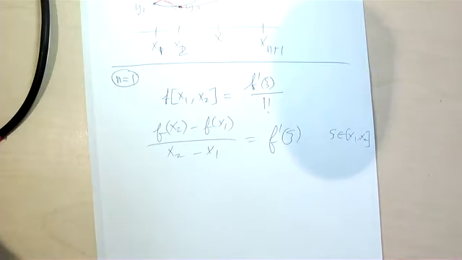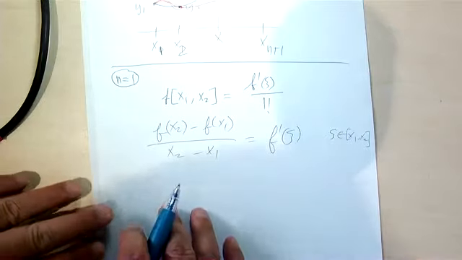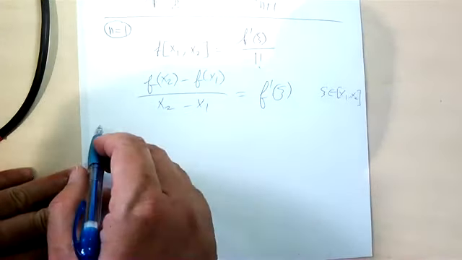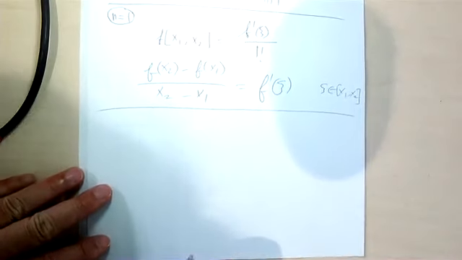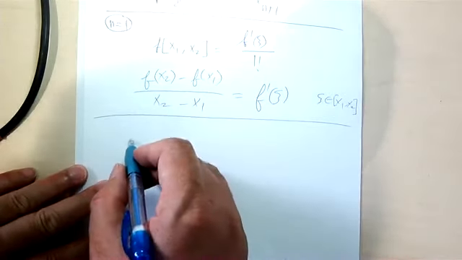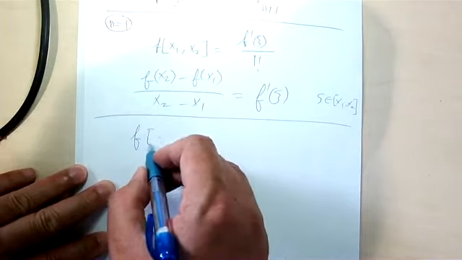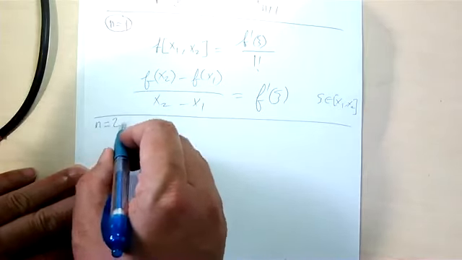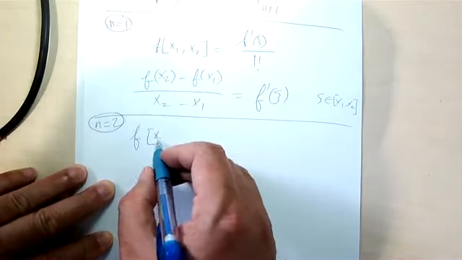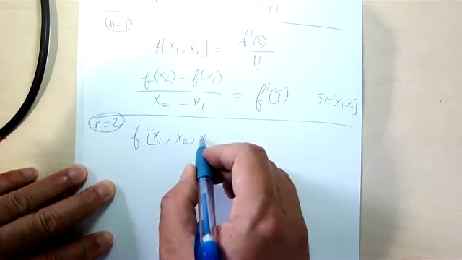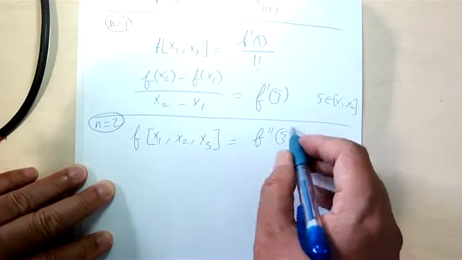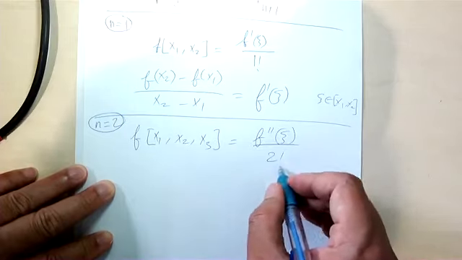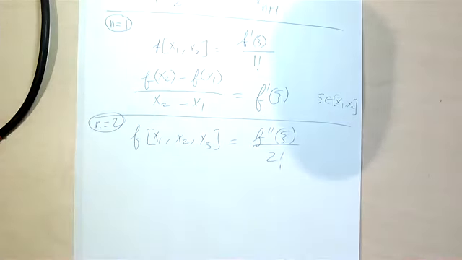So that's why this is just a generalization of the mean value theorem. So what happens if I have 3 points? If I have 3 points, then n equals 2, right? Then f[x1, x2, x3] will equal f double prime of xi over 2 factorial. That is the case n equals 2, and so on.